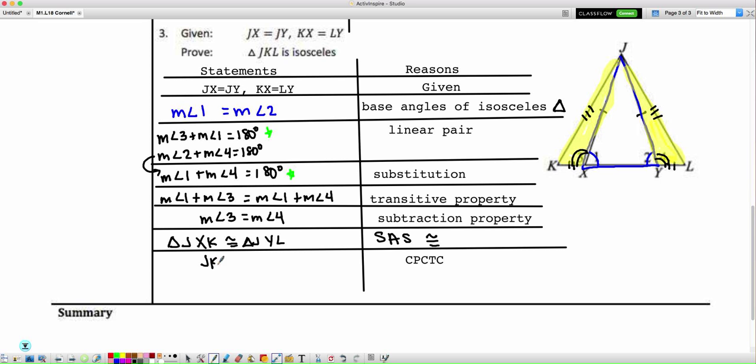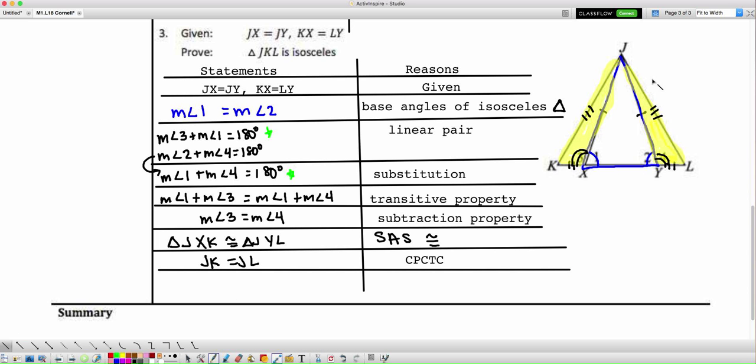So JK is equal to JL because of CPCTC. And now that I've proven that those are equal, I can say easily that that big triangle is isosceles. So I'm going to jump to say that JKL is isosceles by definition of what an isosceles triangle is.